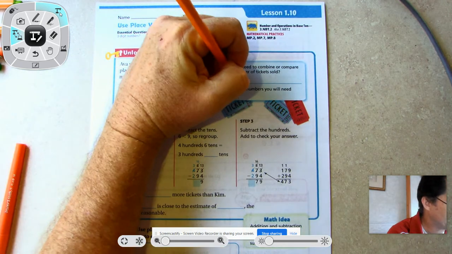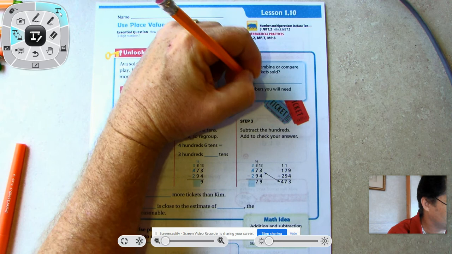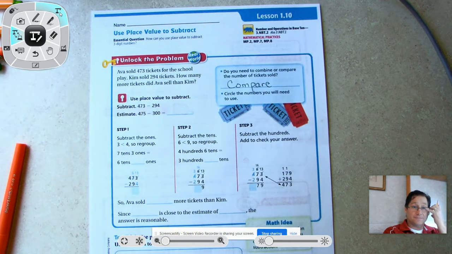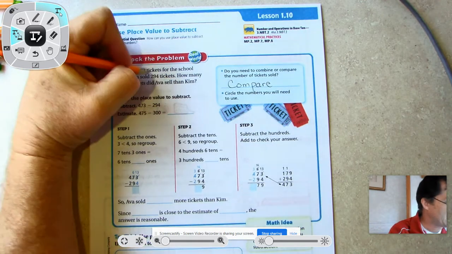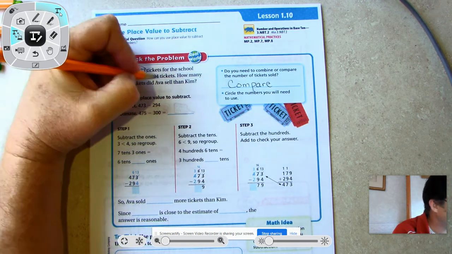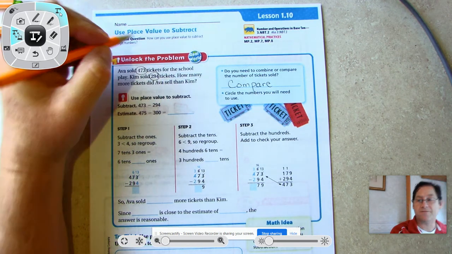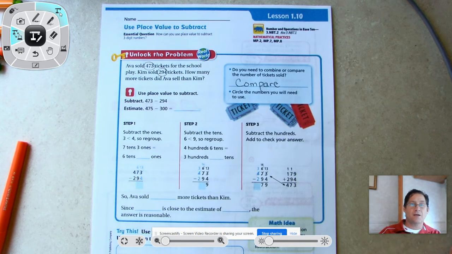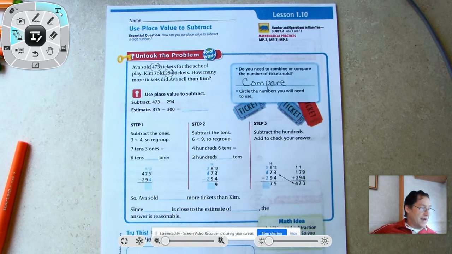So that would be compare. And then it says circle the numbers we'll need to use. Well, I know that Ava sold 473 tickets and Kim sold 294 tickets. So now use place value to subtract.